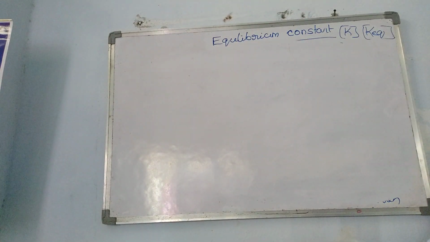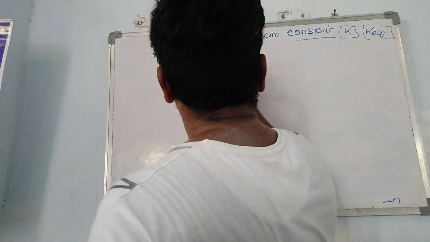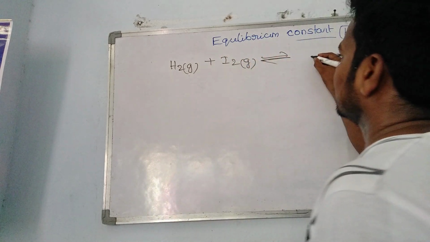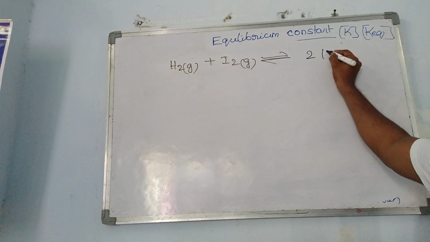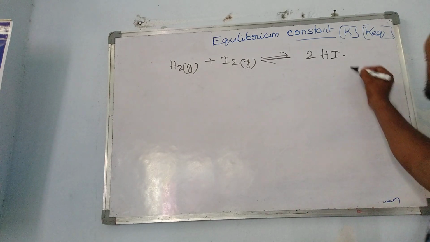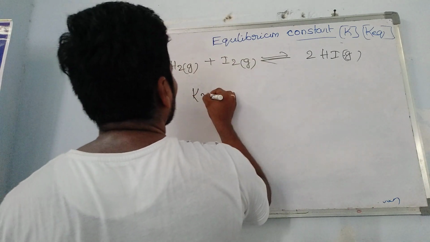Another example we can take: H2 gas plus I2 gas. It's very easy if you practice. Automatically it will form 2HI, which is also gas state. So here no problem, we already included all of these.